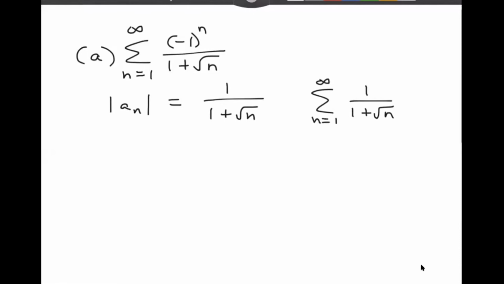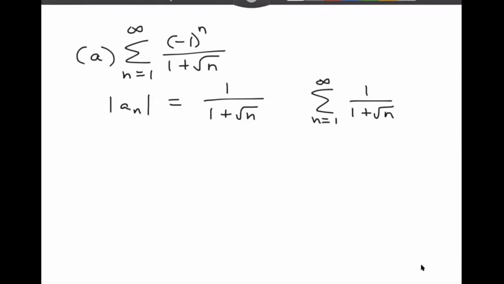Okay, so if you think back to all of the other tests for convergence we've used, nth term test, geometric series, telescoping, integral test, comparison tests, I'm thinking that this one should be good for comparison test.